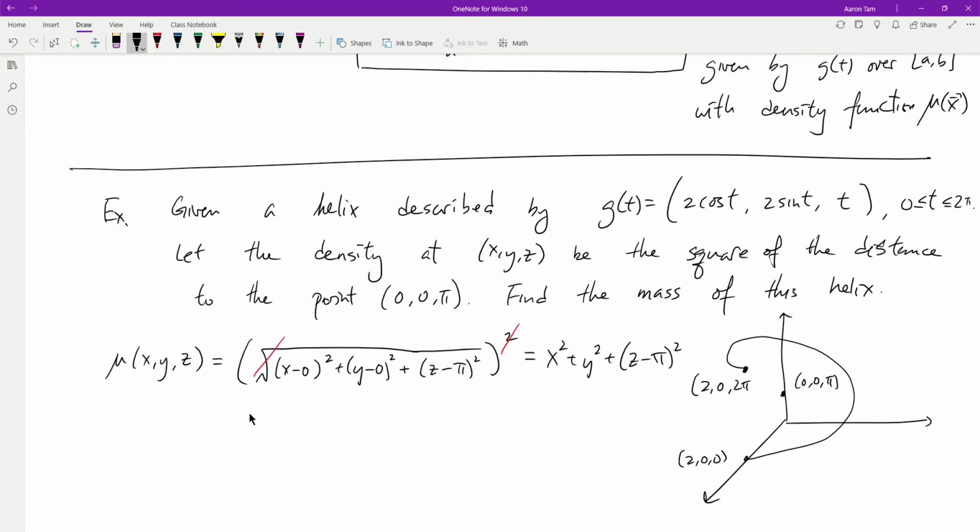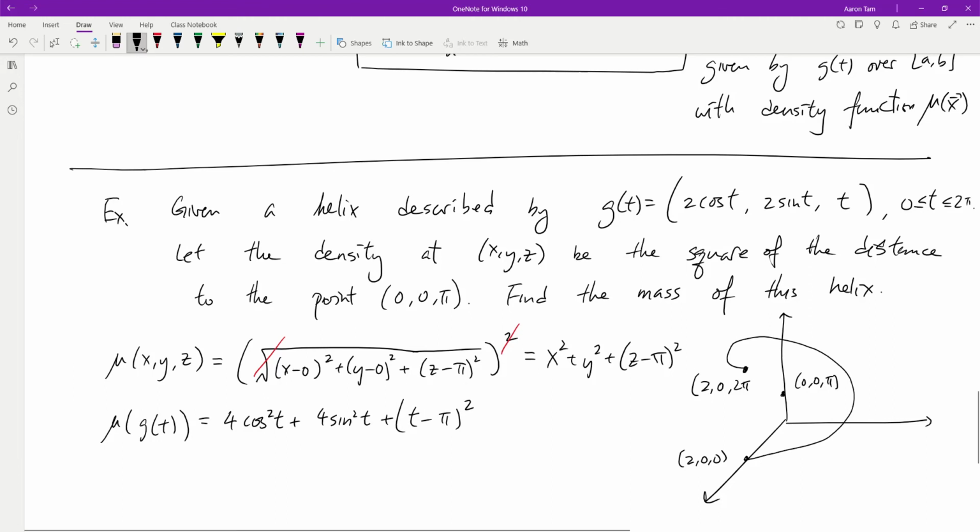Next, what I need to do is evaluate the density function at g of t. So I'm going to put the density of g of t. If I do that, I just have to plug in 2 cosine t for x, so 4 cosine squared t plus 4 sine squared t plus, since z is t, (t minus π) squared.